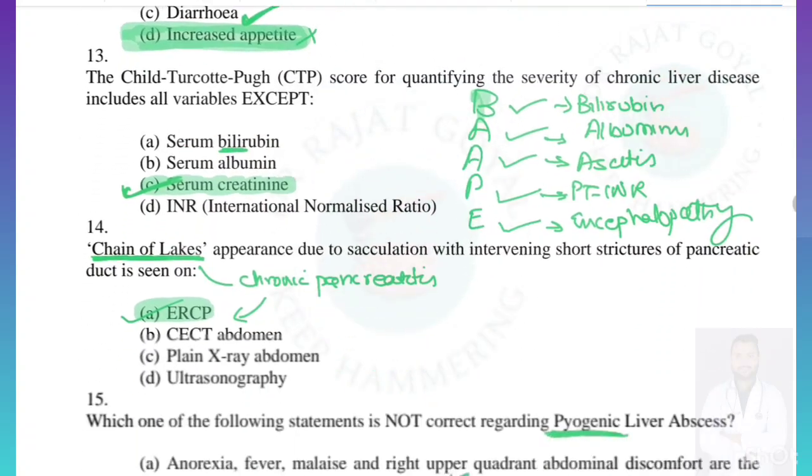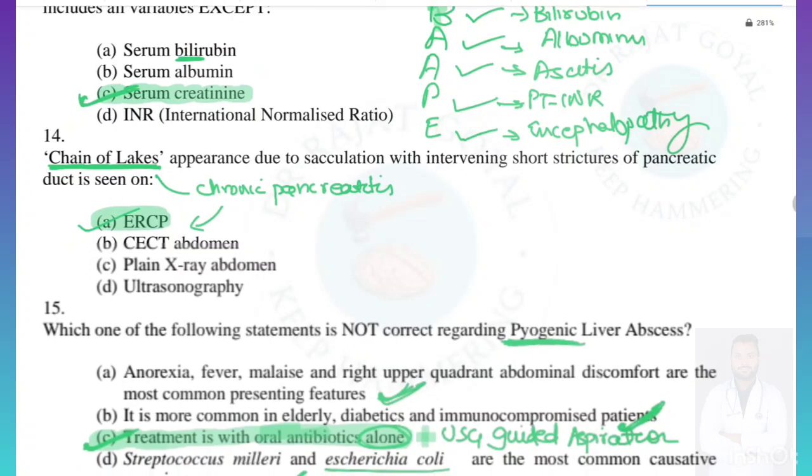So here answer will be C. Chain of lakes appearance due to circulation with intervening short strictures of pancreatic duct is seen in. So chain of lakes appearance is seen on the ERCP, and it is seen in the case of the chronic pancreatitis. So answer here will be ERCP.